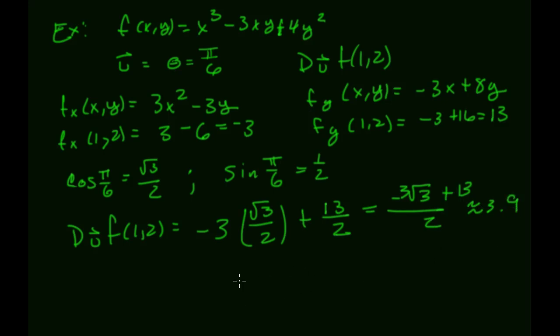So if I move in the theta equals pi over 6 direction, then I am increasing at a rate of 3.9. We're going to make this a little easier to visualize computationally by introducing something we're going to call a gradient.